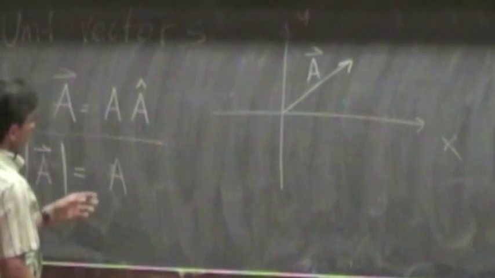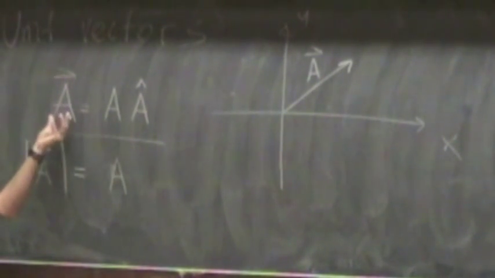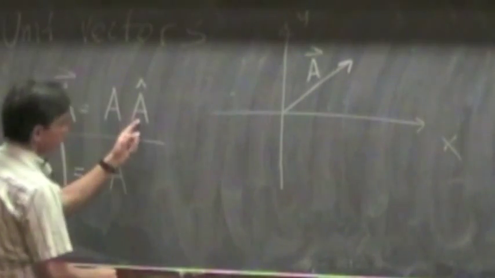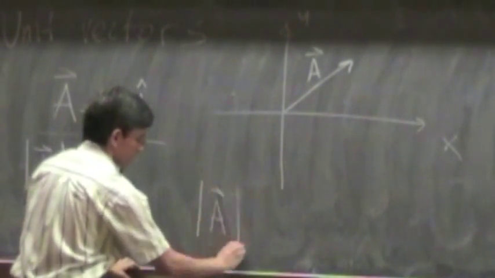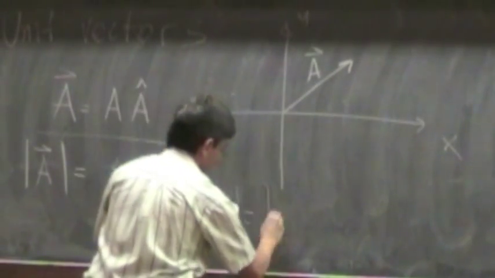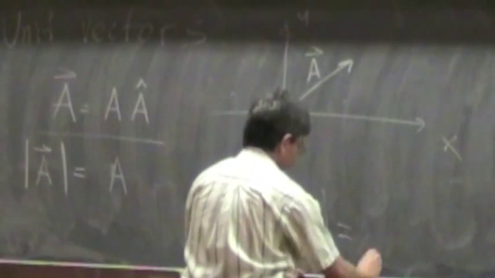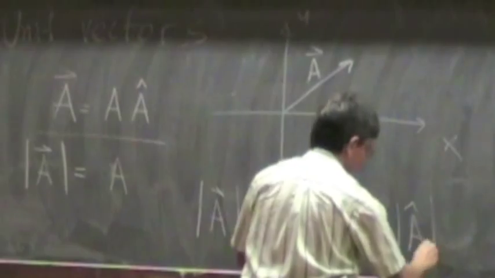If that is true for A, if A is as big as the magnitude of the vector A, then notice that this A hat vector that I put here must satisfy this. The magnitude of A is the magnitude of this thing, which is A, just a number, times the magnitude of A hat.